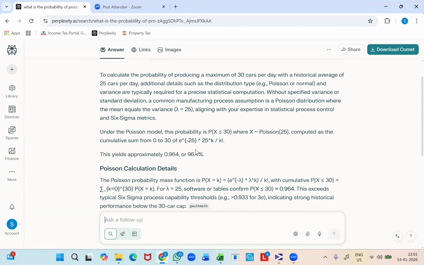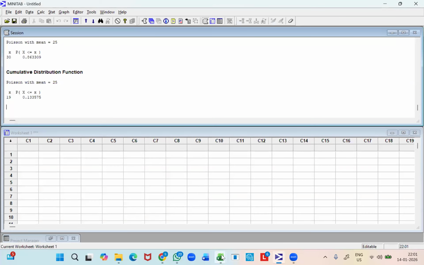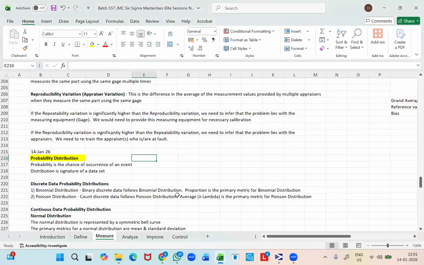See, again, it is not giving the correct answer. It's saying 96.4, whereas the correct answer is 0.8633.